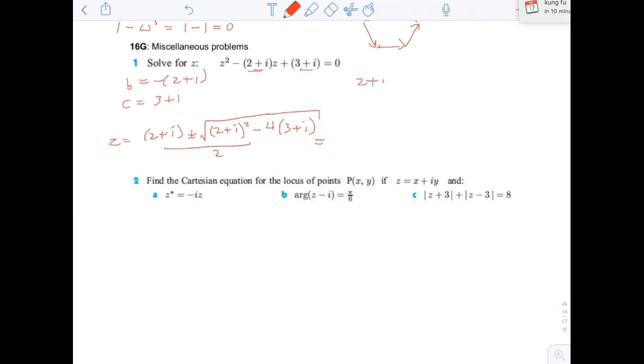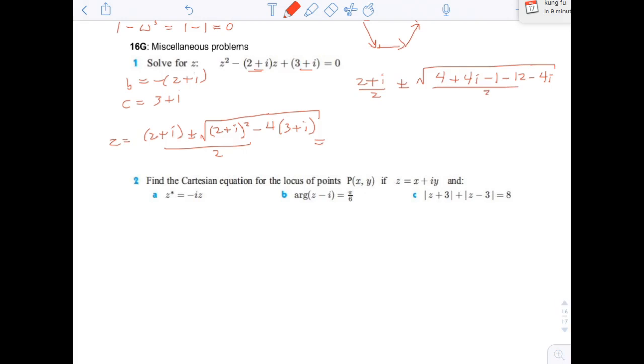So we have (2 plus i) divided by 2, plus or minus the square root of, let's see, (2 plus i) quantity squared would give us 4 plus 4i plus, or minus 1, because i squared is minus 1. Then we have minus 12 minus 4i.